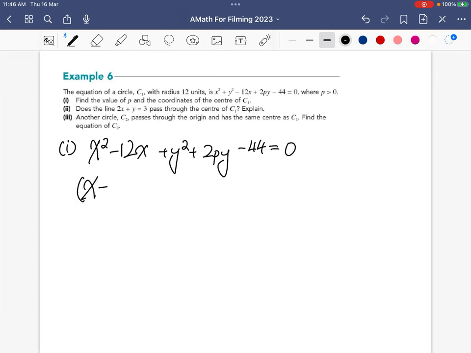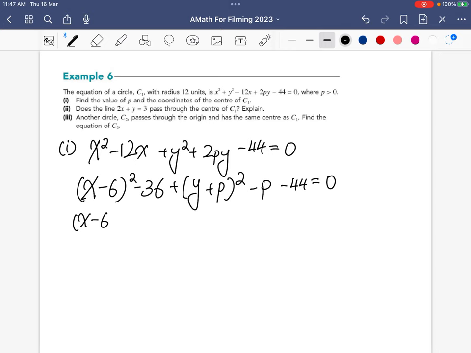So I complete the square: (x minus 6) squared minus 36, and this one is a bit tricky but still doable, (y plus p) squared minus p squared minus 44 equals 0. If I rearrange everything, (x minus 6) squared plus (y plus p) squared equals 80 plus p.